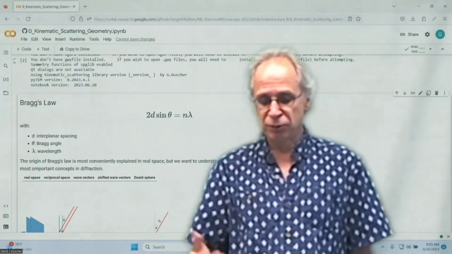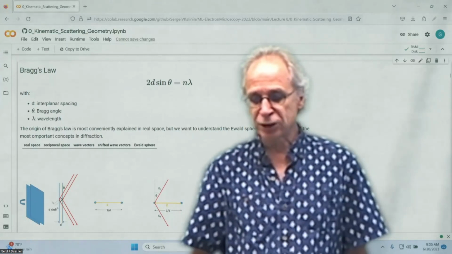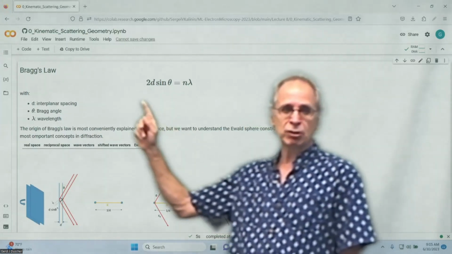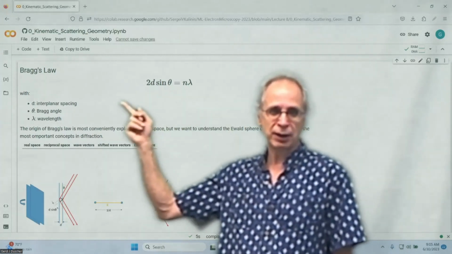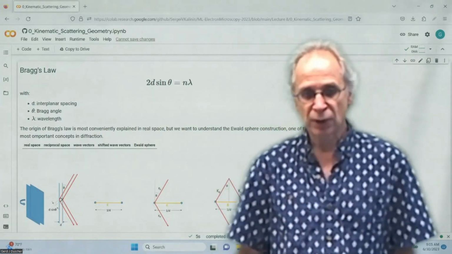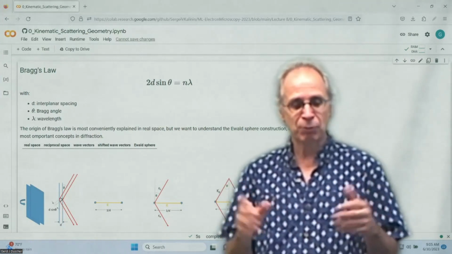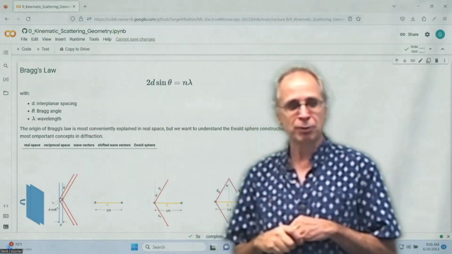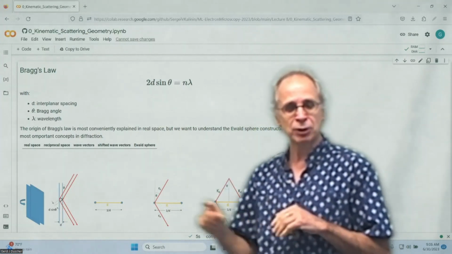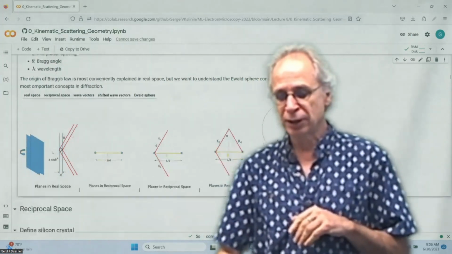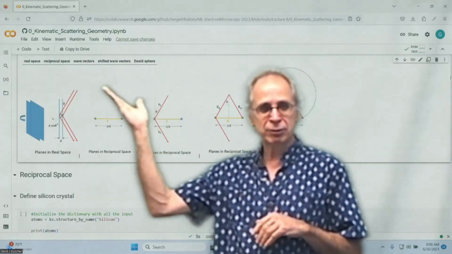We talk about diffraction, and if we talk about diffraction, we actually talk first about Bragg's law. As a reminder, people who are not always doing that might not know. So we are talking about an electron beam.